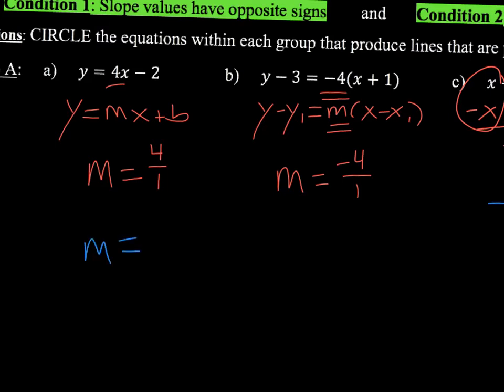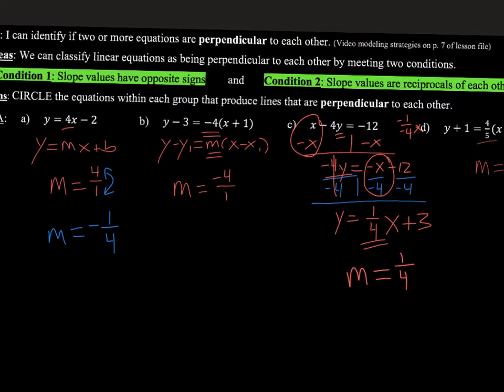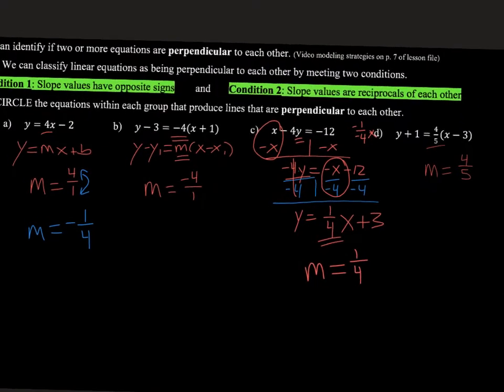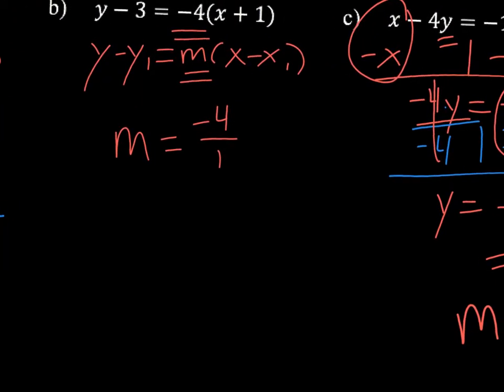So I'd need the opposite. This is a positive slope value, so I'm going to need a negative slope value. The reciprocal has us flip this fraction, so I'd be looking for a slope of negative 1/4 in the other equations, and they do not have one.